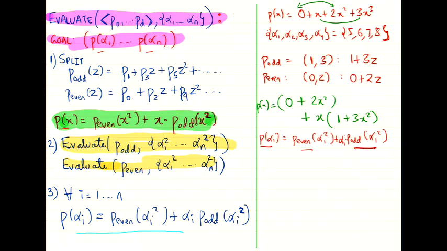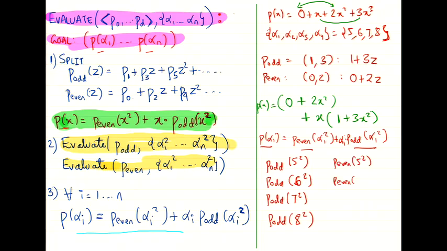Okay, so in this case, what ends up happening is you recursively calculate p odd of 5 squared, p odd of 6 squared, p odd of 7 squared, and p odd of 8 squared. Okay? And then you similarly calculate the same things for p even.